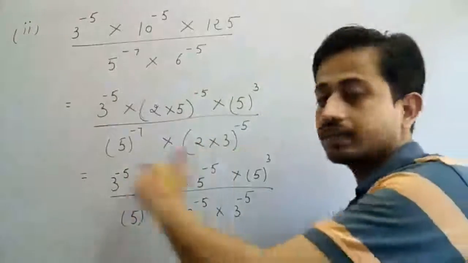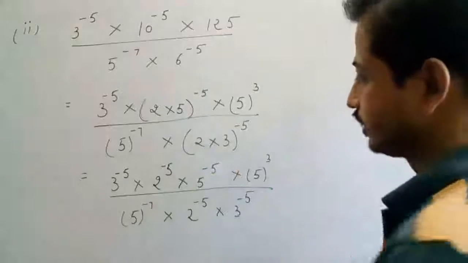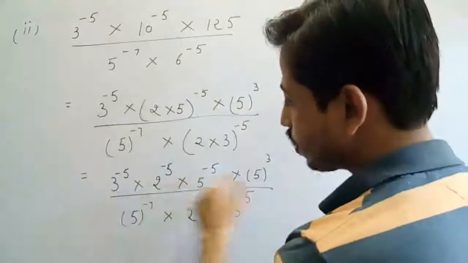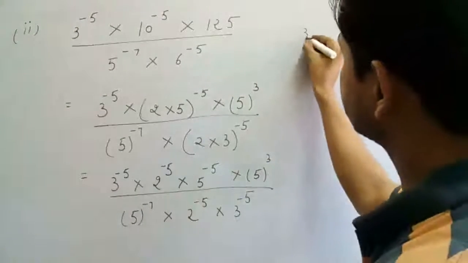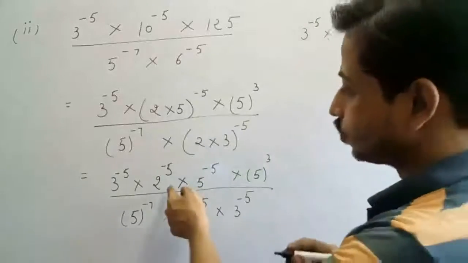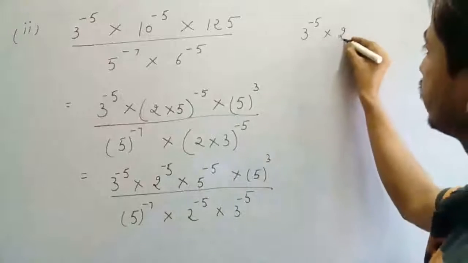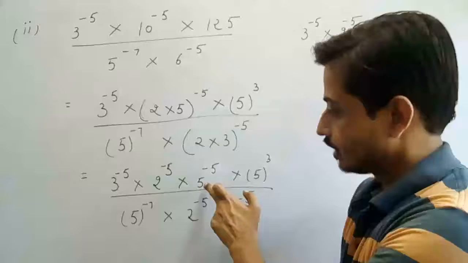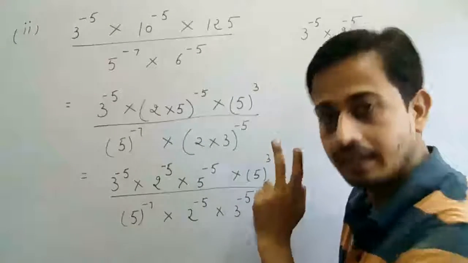Firstly we have to combine the terms, numerator separately and denominator separately. Now look at the term 3. There are no other terms in 3, so we write it as it is, 3 raised to the power negative 5 multiply 2. There are no remaining other terms, so we write 2 as 2 raised to the power negative 5. Now the exponent is same, so the powers will add.